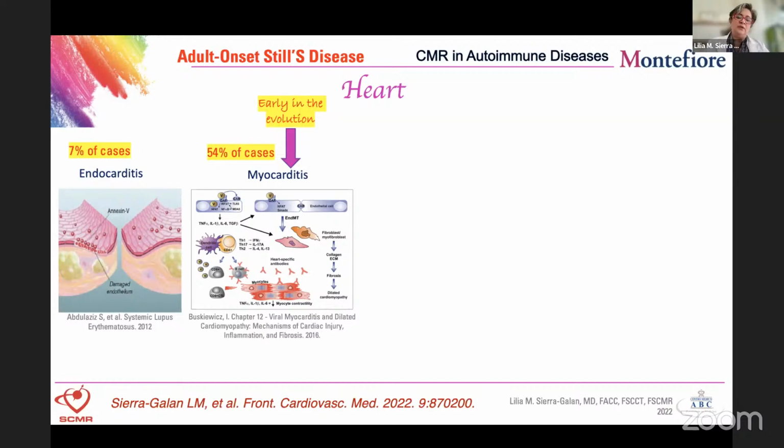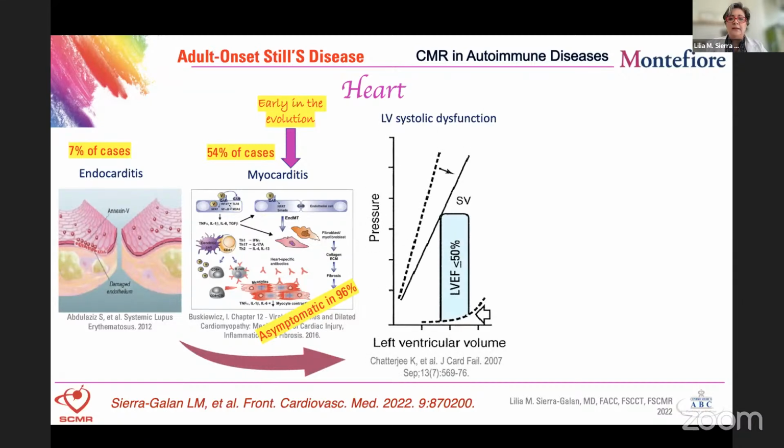So if we don't have a high degree of suspicion, we are not going to see this very early, since 90% of the time it is asymptomatic. And with these findings, the patient evolves to left ventricular dysfunction with usually left ventricular ejection fraction less than 50% in 67% of the cases.